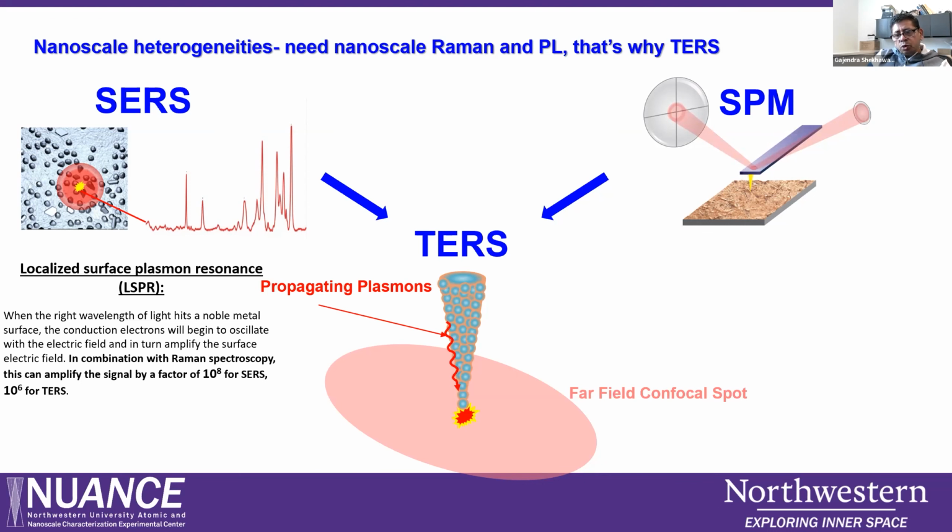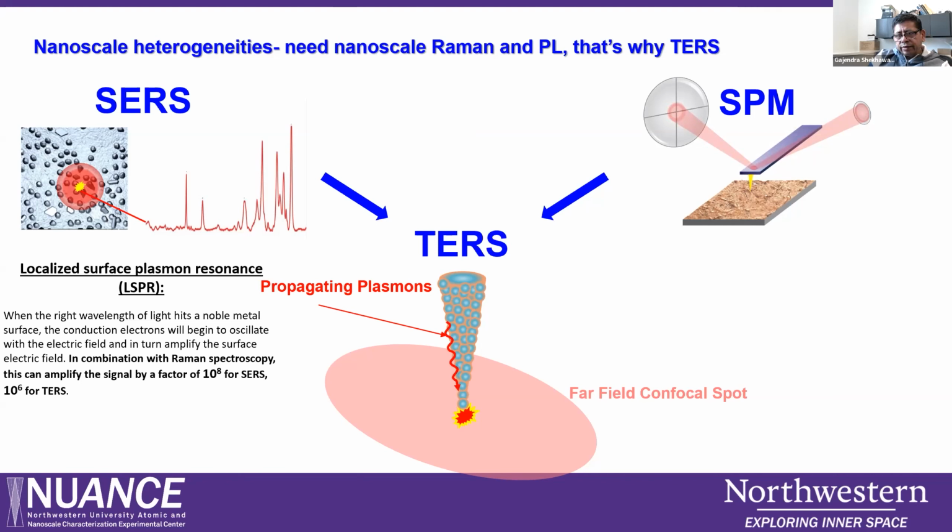So basically this probe is acting like an antenna. It converts the far field optical excitation energy, through a mediated transfer, into a near field, which is called the evanescent field mode. So you are creating a hotspot here, which is a non-propagating field, and that allows you to significantly enhance or amplify the signal.